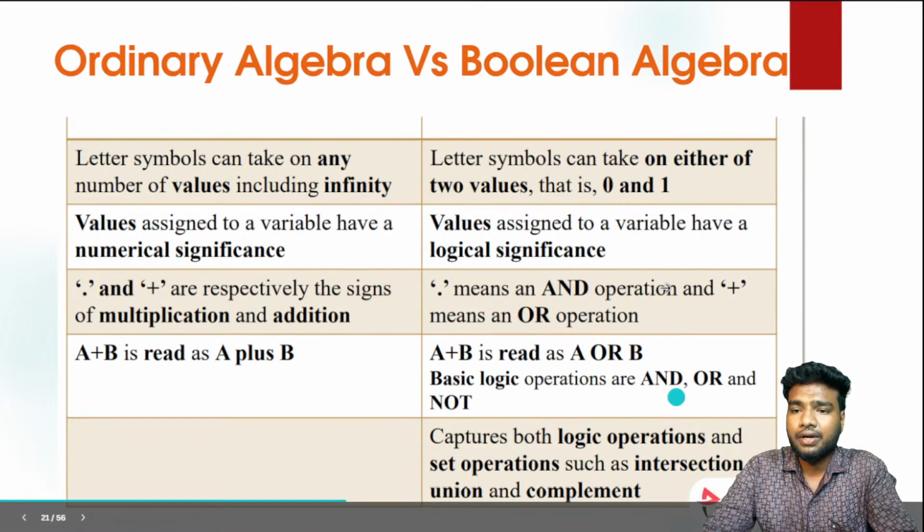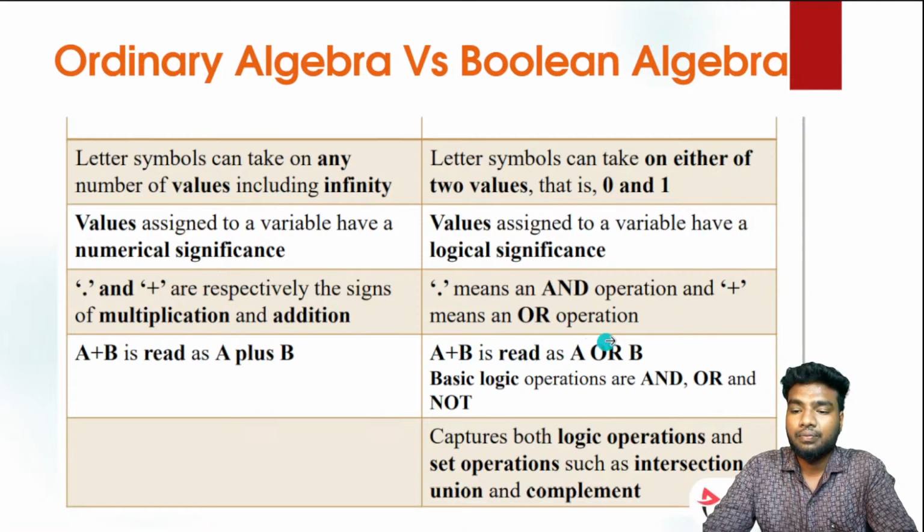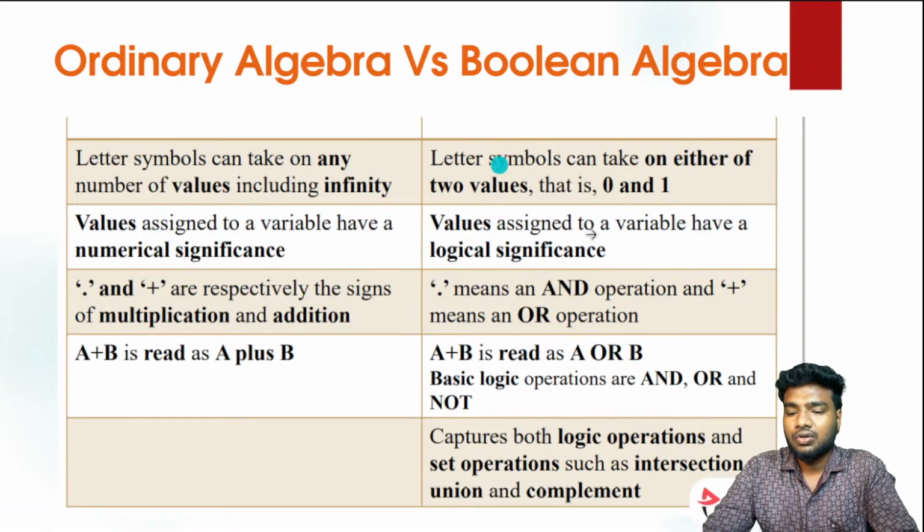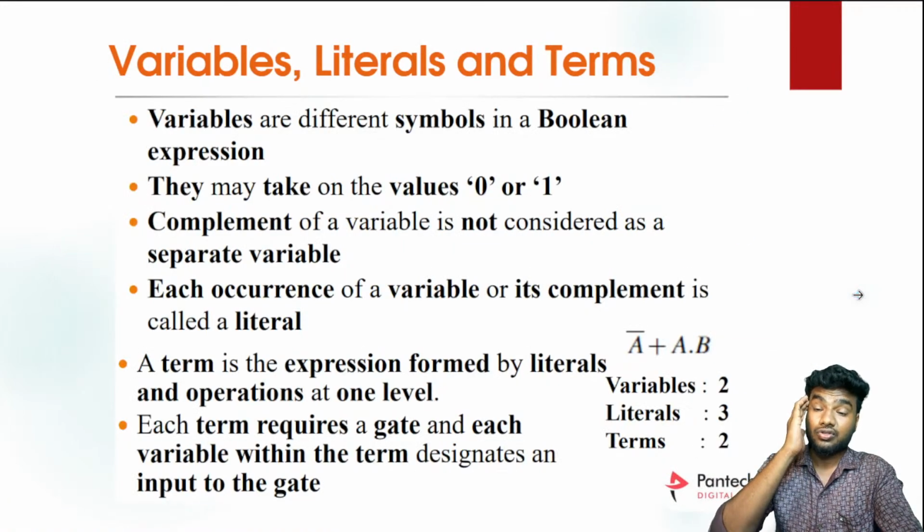So we have separate operations. You can represent them as A and B, A or B, A not. These are the Boolean logic gates. Let's see the logic gates one by one.